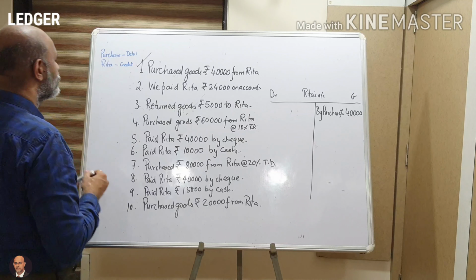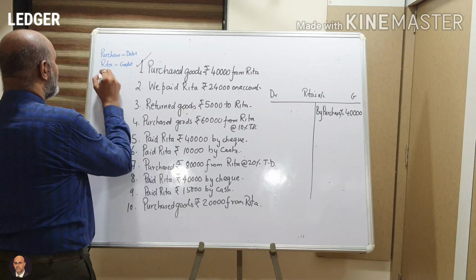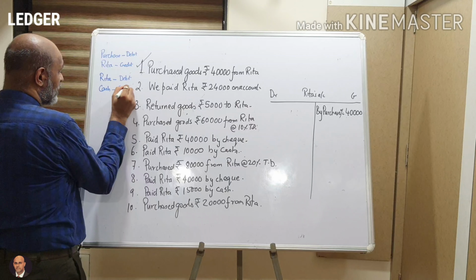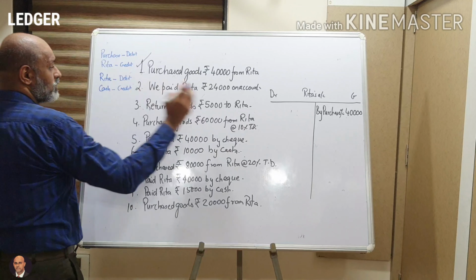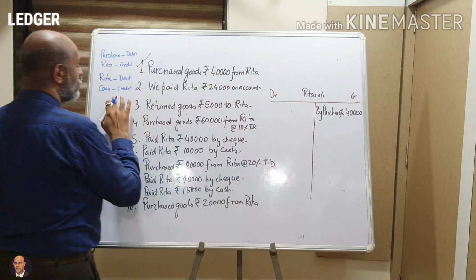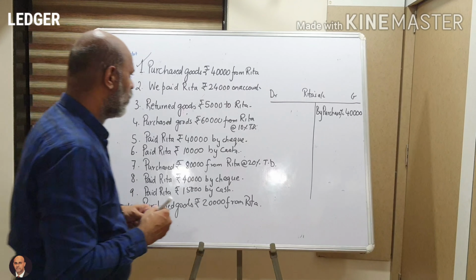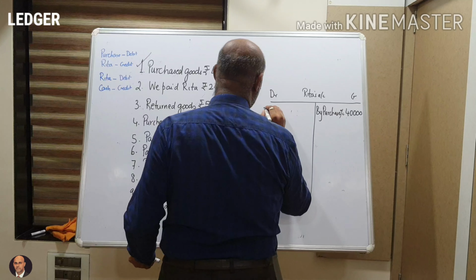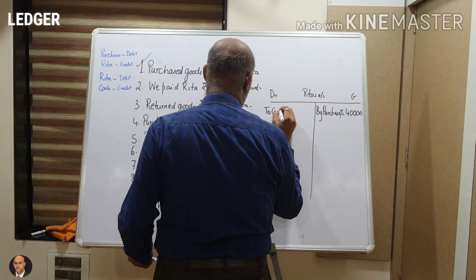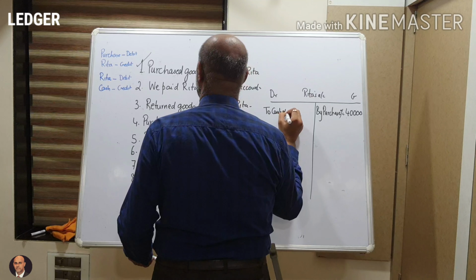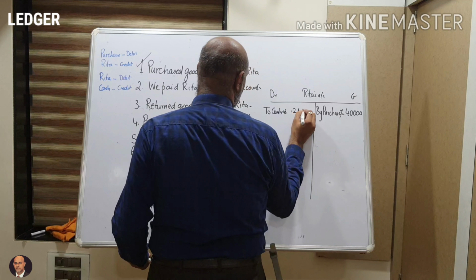So the two accounts involved are Rita and cash. Rita is the receiver, so debit the receiver. Cash is a real account, goes out, credit. I go to the debit of Rita and write down to cash. Whatever is on the left hand side we write 'to'. So it is to cash account and the amount is 24,000.